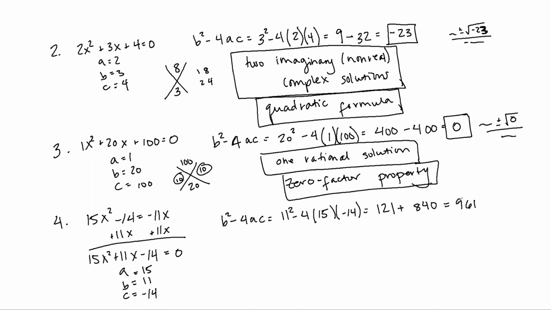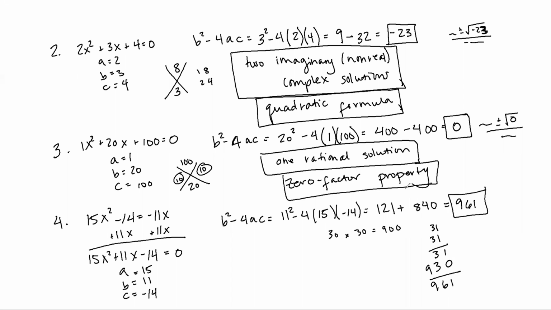So what I'm going to do is I'm going to kind of test out some numbers. I know 30 times 30 is 900. That's pretty close. This ends in a 1, so I'm going to try 31 times 31. So we get 1, 3, add a 0, 3, 9, and we get 961.